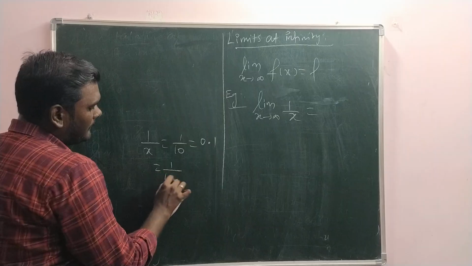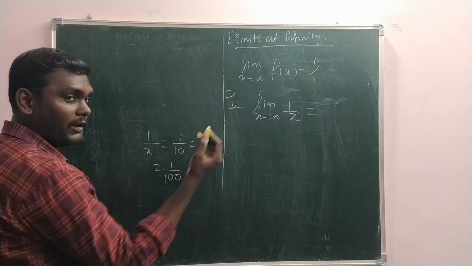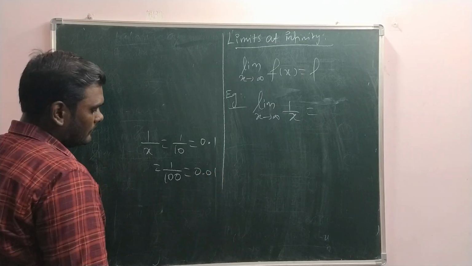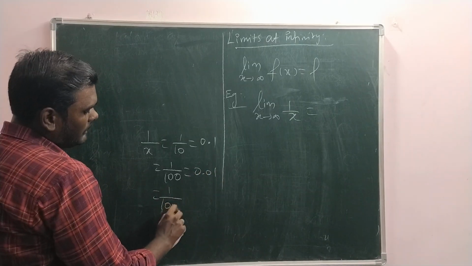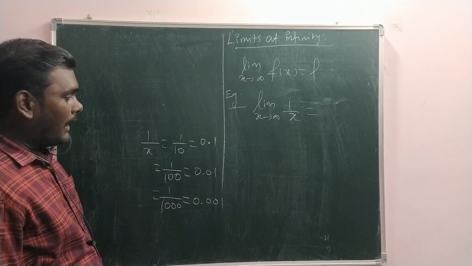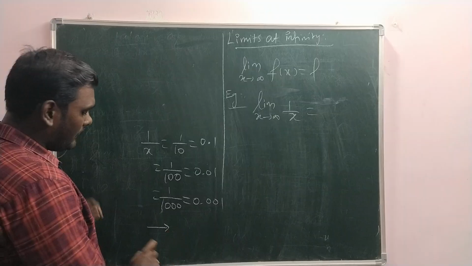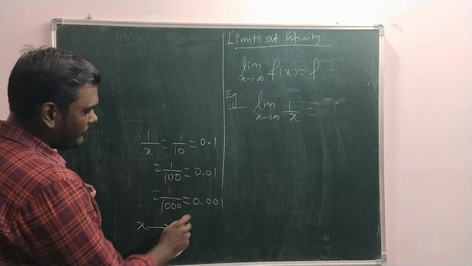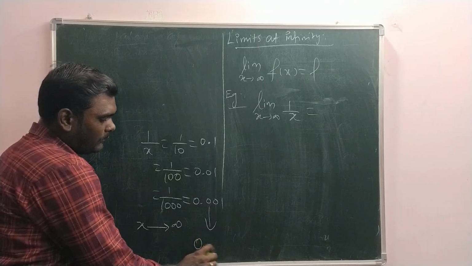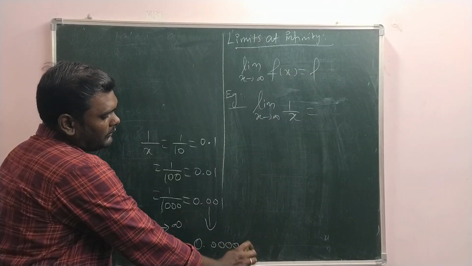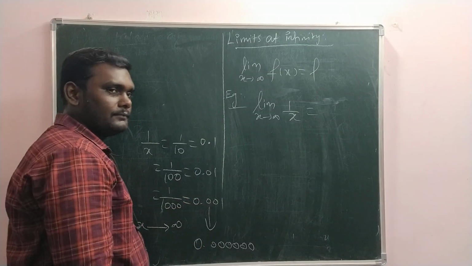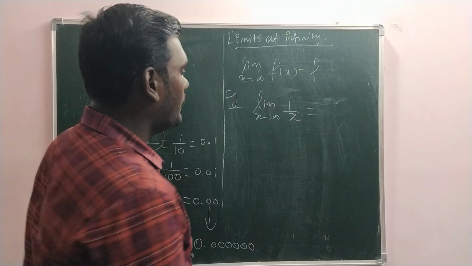Now 1 by 100, because x is approaching infinity, x 10 or x 100, that is 0.01. Then 1 by 1000, that is 0.001. Like that, as x is approaching towards infinity, this f of x will approach 0.0000000, infinite number of zeros after that 1. That is near to 0.